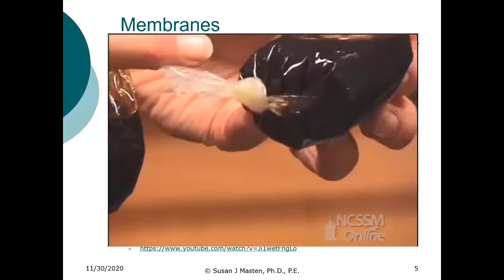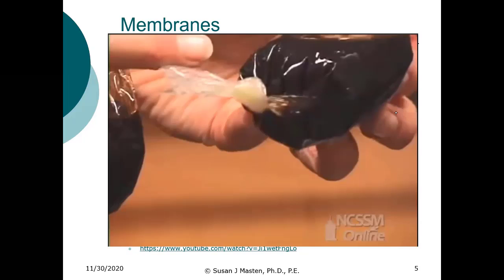So what you see is that the membrane is permeable to water, so it allows water to pass into the membrane.